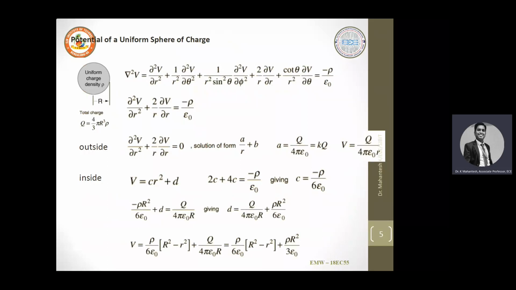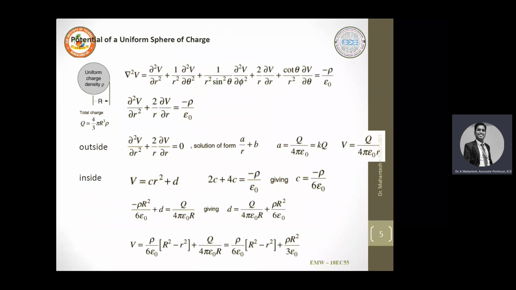Therefore, dou square V by dou R square plus 2 by R dou V by dou R is equal to minus rho by epsilon naught. Outside the sphere, dou square V by dou R square plus 2 by R dou V by dou R is equal to 0.